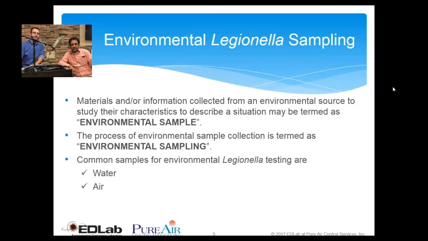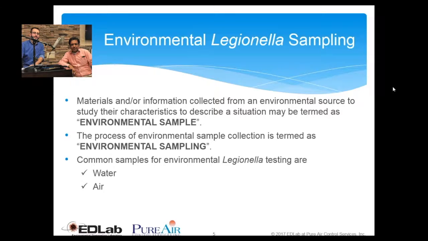So first thing first, the simple definition of the environmental sample, as you can see on your screen, is that material or information, again, I emphasize material and or information, collected from an environment source to study their characteristic to describe a situation can be termed as environmental sample.